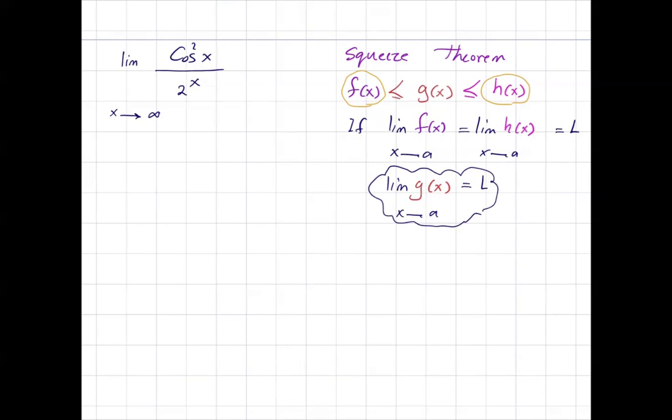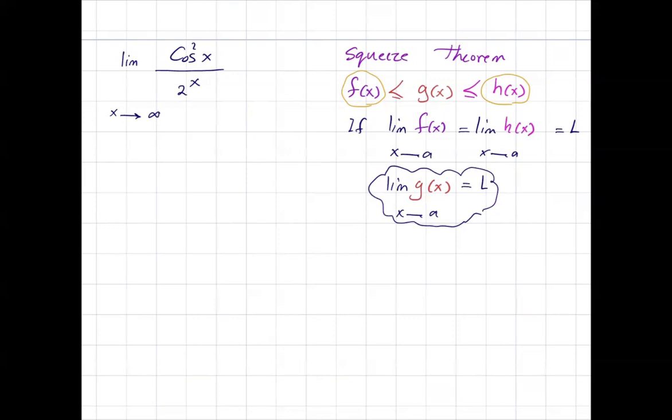Let us go back to cosine squared. The function cosine squared has an upper bound and a lower bound. Cosine squared of x is bounded between 0 and 1.